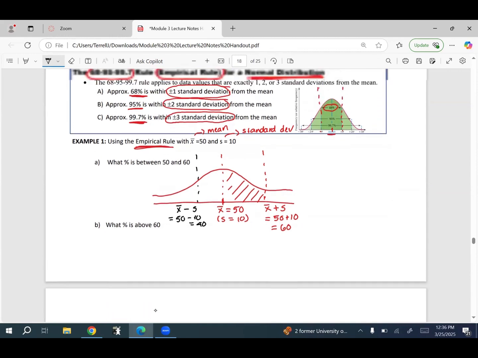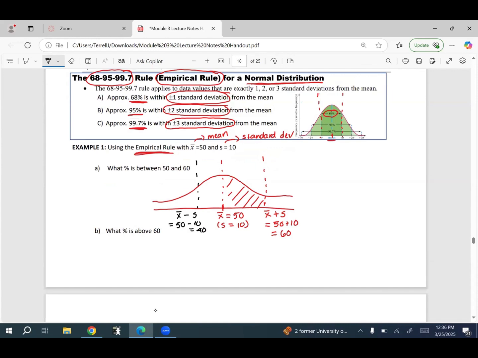What the empirical rule says is if you go one standard deviation above and below the mean, 68% of my data falls in that range. But remember, we only want this piece that I shaded, which is exactly half of this whole thing.